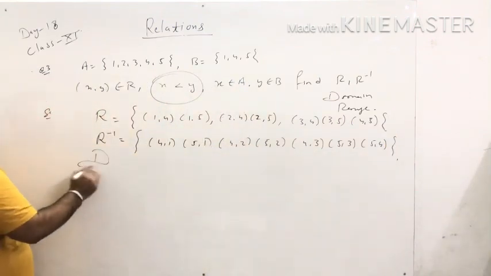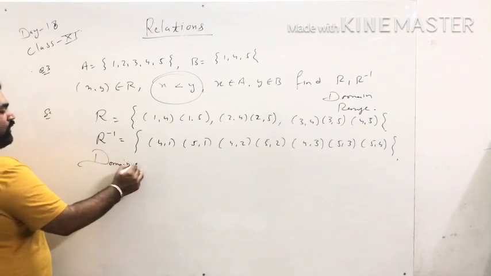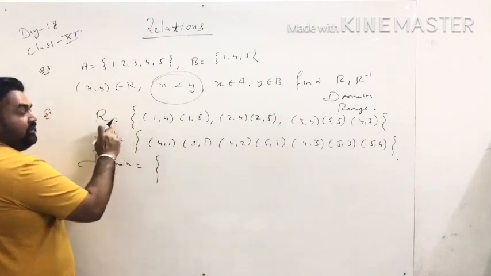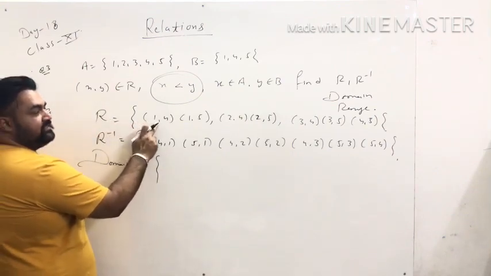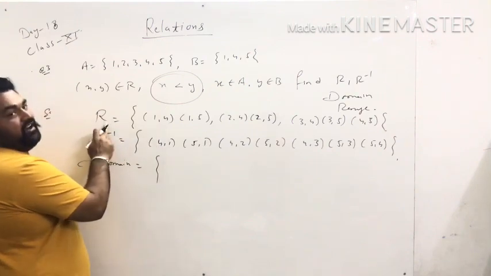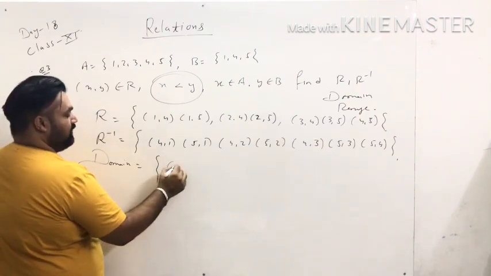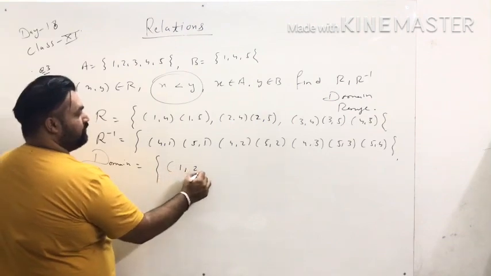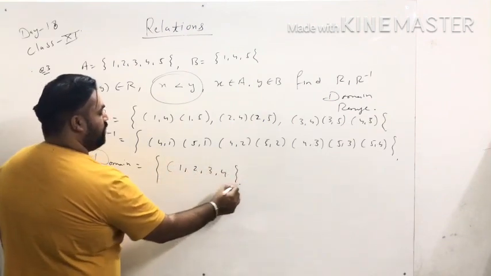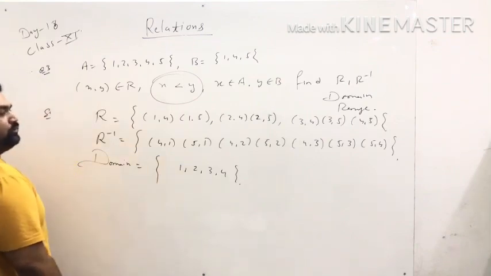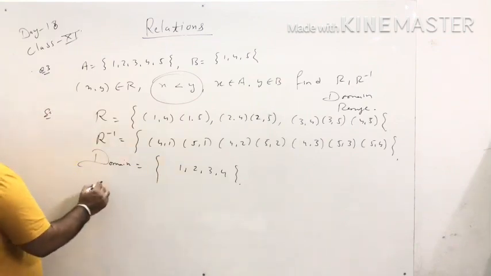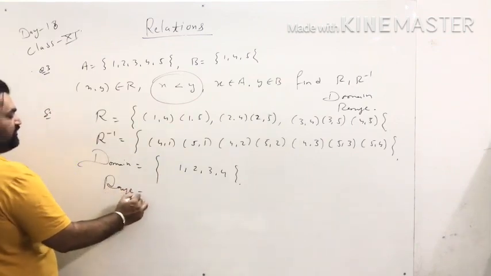Now we find domain. We know what is domain: the first elements of ordered pairs in R, which means 1, 2, 3, 4. Now what is range?